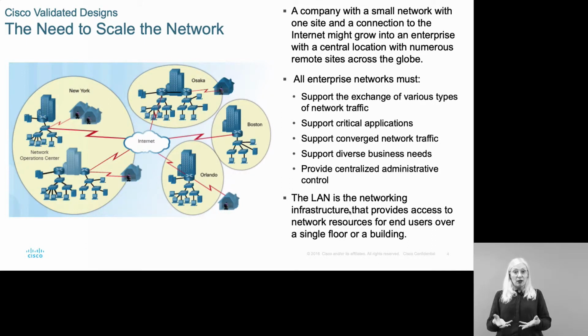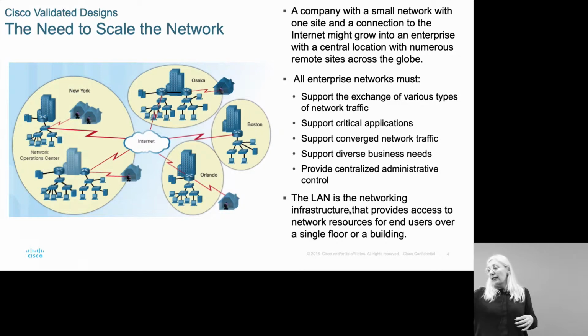If we have different types of network traffic, it could be critical applications that have to be able to have network connections. We could have different business models, and we need to have some kind of centralized administrative control. These are all things that we would like to have when we design our networks.